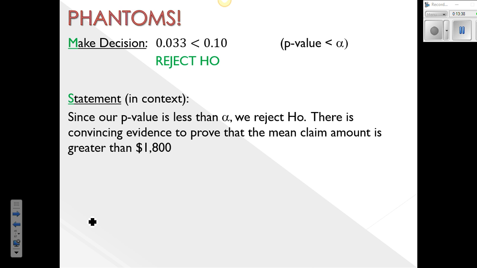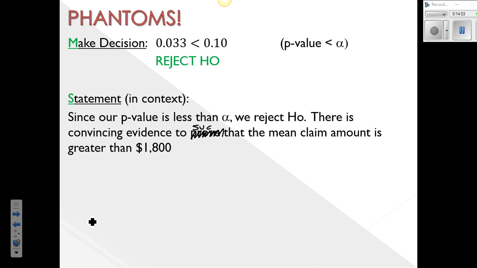I don't really like the word prove, so I'm going to mark out my PowerPoint. This is one of the things that you learn at the AP reading. This is one of those AP reading things that I can give you. When we talk about proving, it's such a strong word to describe what we're doing. We're not actually proving that. We're not doing that strong. We have convincing evidence to suggest.